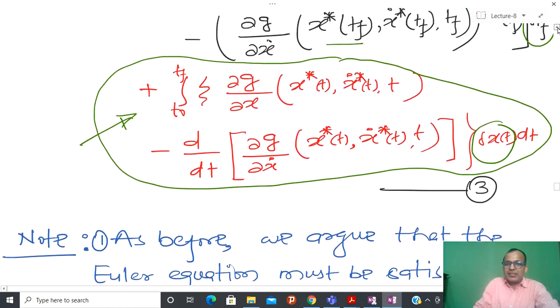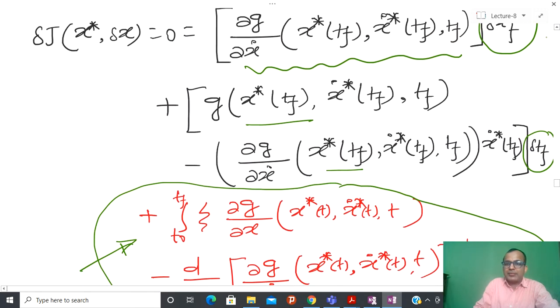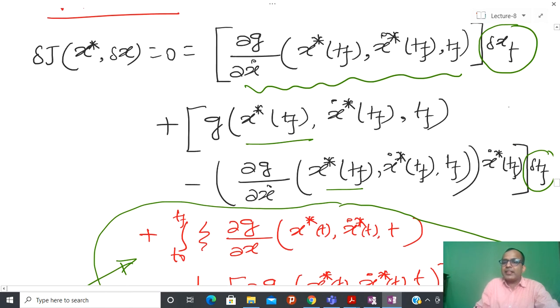After calculating the variation, I have this kind of term, and since now I am assuming that delta tf and delta xf are correlated, these two things together will generate a more general boundary condition.